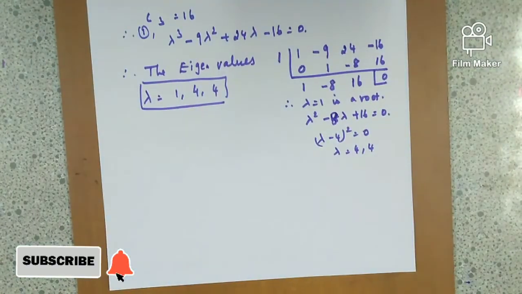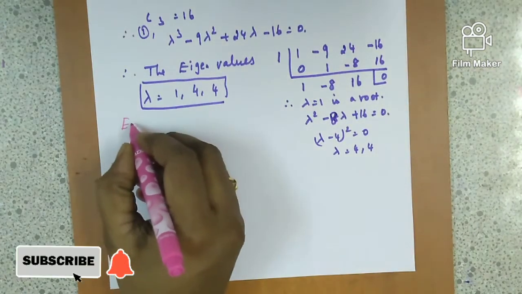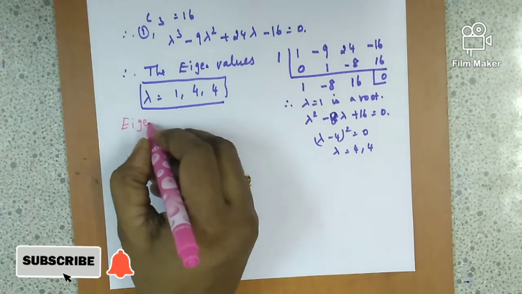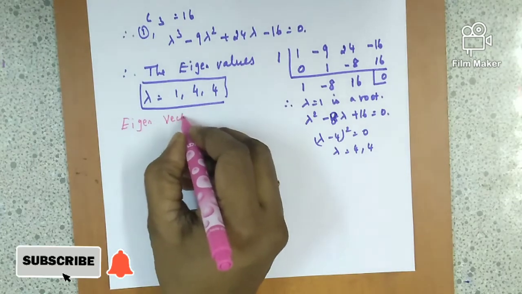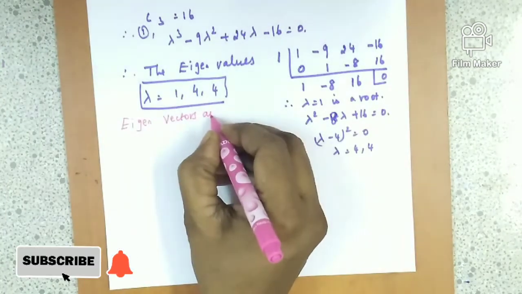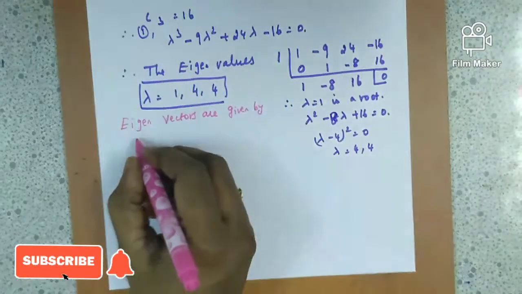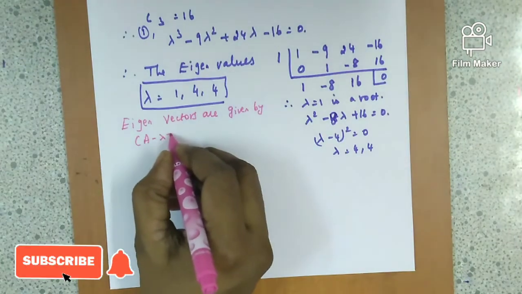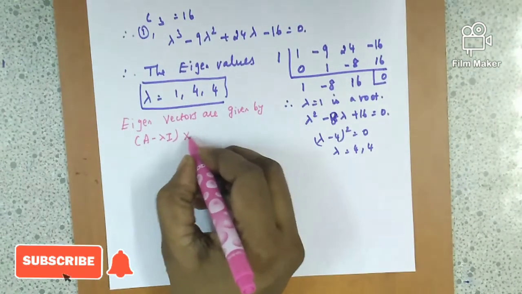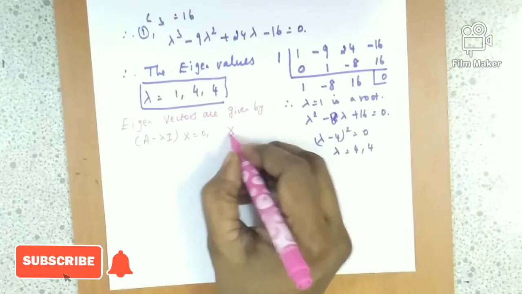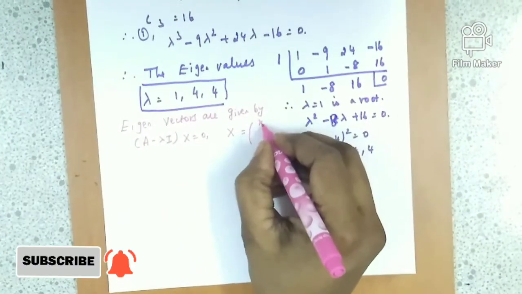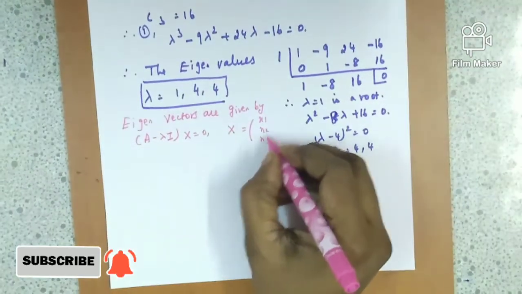Now we have to find the eigenvectors. As we know very well, the eigenvectors are given by (A minus lambda I) X equal to 0, where X is a non-zero column vector [x1, x2, x3].